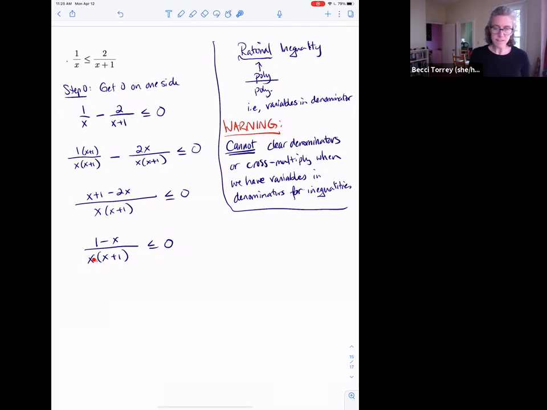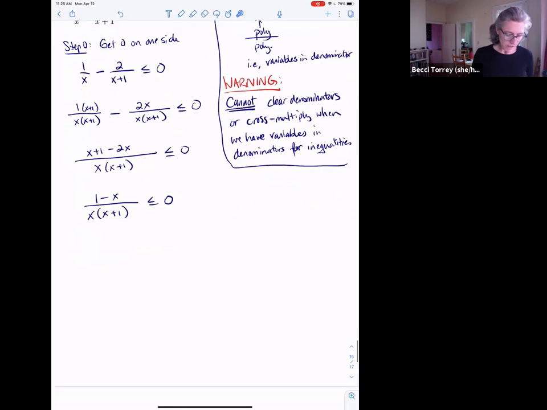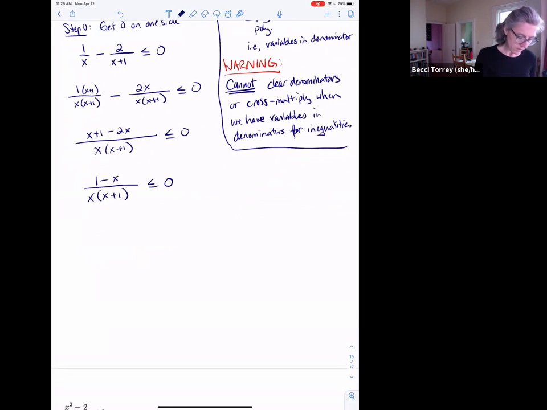If x is negative, or if x plus 1 is negative or positive, it affects whether the overall thing is negative or positive. So we have to take into account all three of these things. Step 1: find the zeros of the numerator and the denominator.